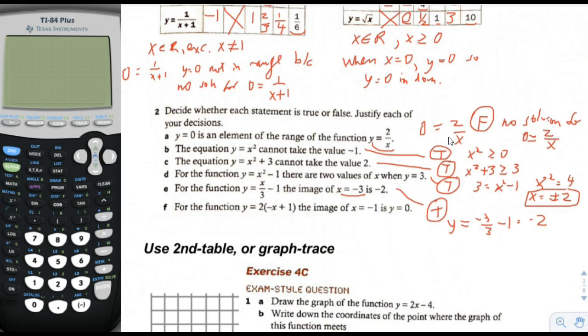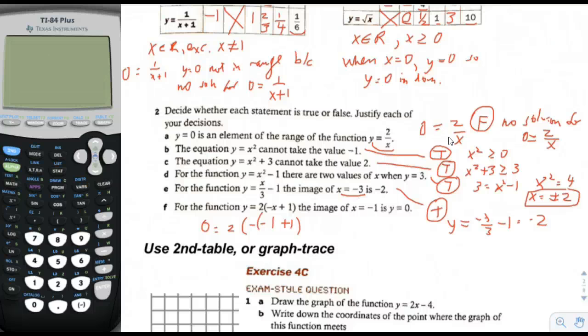F, for the function y equals 2 times the quantity -x plus 1, the image of x equals -1 is y equals 0. So we have 0 equals 2 times the negative of -1 plus 1. Negative of -1 is just 1, right?